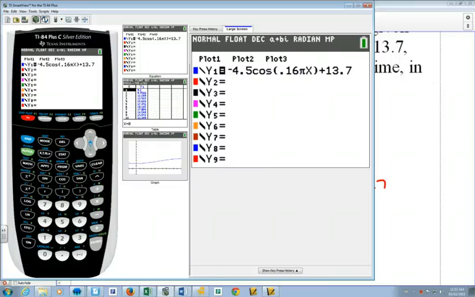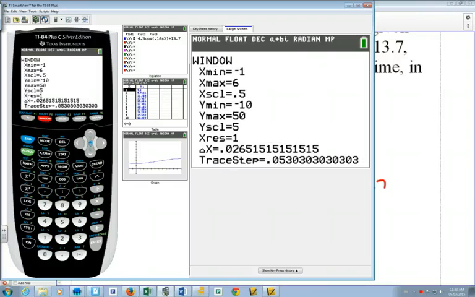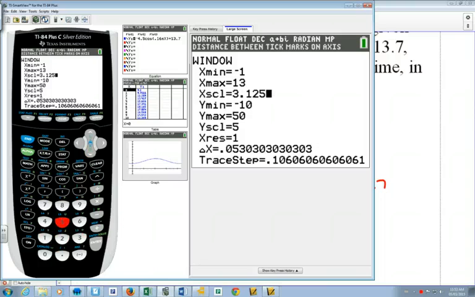So now we have to set up our window. Go to our window. I'm going to go up to 13 because that'll show one period, because our period went up to 12.5. I'm going to make my x scale 3.125 because that's where I made the first tick mark, just so I can see those exactly as we saw.